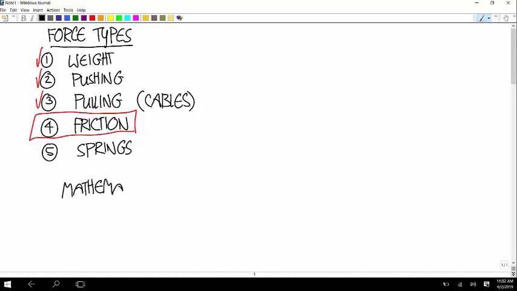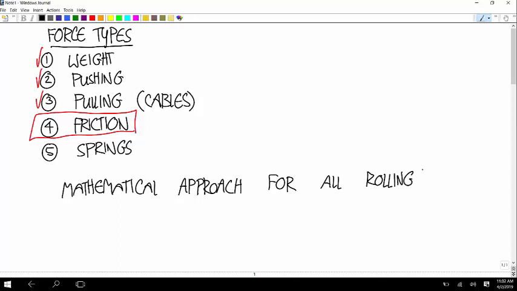It's like a mathematical approach that we're going to use for all rolling or sliding problems. It probably makes sense that this is going to be relevant for friction because that's what friction deals with.